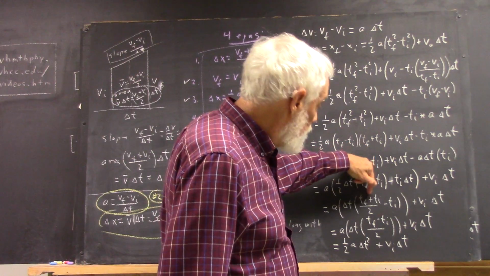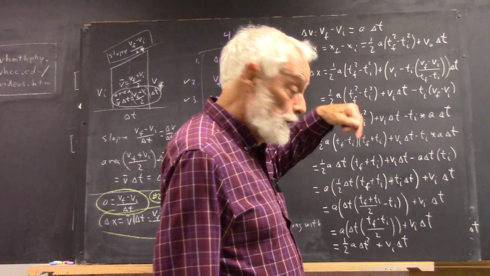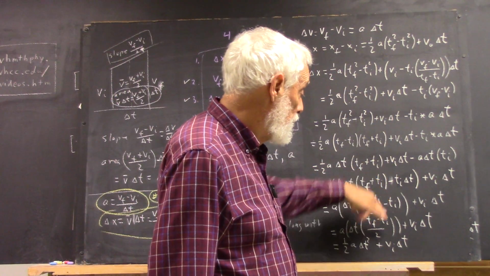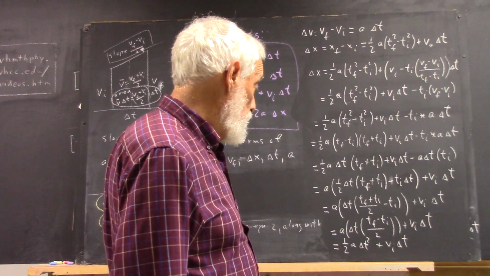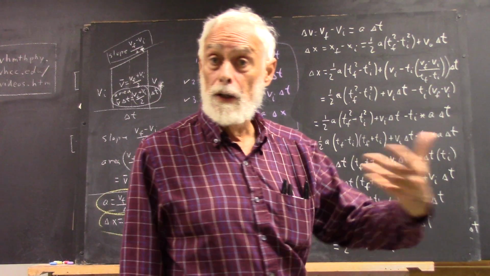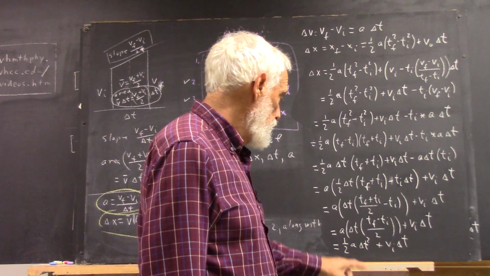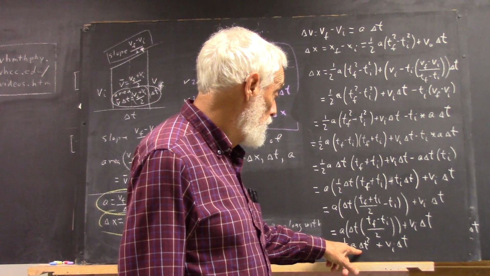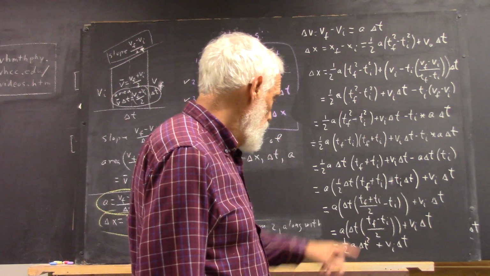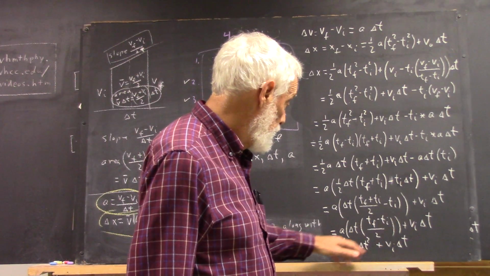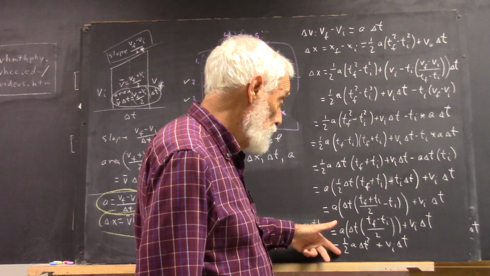So it's tf plus ti minus 2ti, which is tf minus ti over 2. And now tf minus ti is another delta t, isn't it? So now we have a delta t and a delta t, so we have a delta t squared. And then we have the 2 in the denominator, which we haven't done anything with. Well, we'll bring that out as a 1/2.